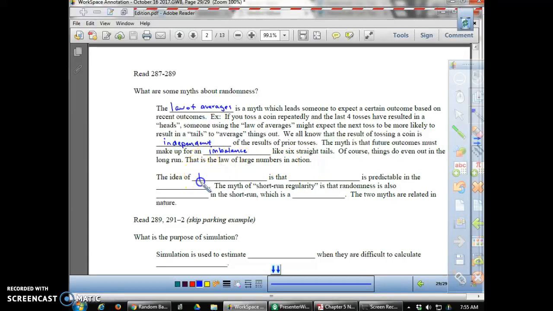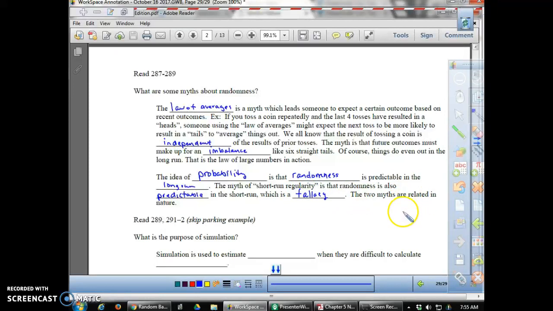So the idea of probability is that randomness is predictable in the long run, and the myth of short-run regularity is that randomness is also predictable in the short run, which is a fallacy.